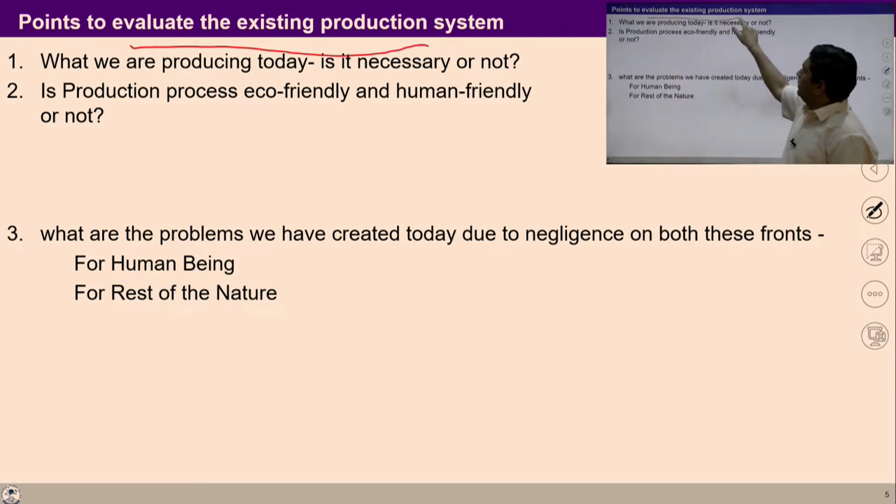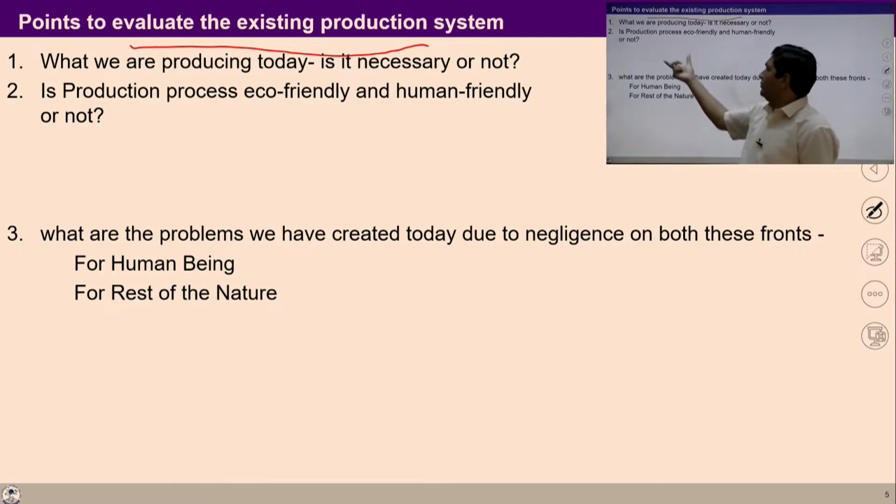So, points to evaluate the existing production systems. Basically we are going to study whatever we are producing today. Is it necessary or not? Are the production processes available eco-friendly and human-friendly or not? All this we are going to study.